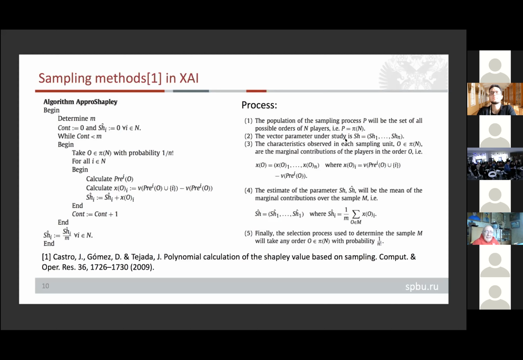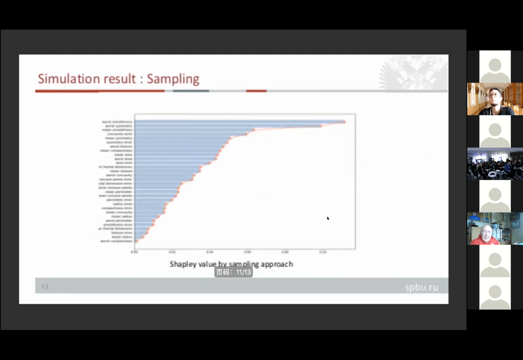According to the probability, we generate the permutation pi, and for the studied Shapley value we obtain the characteristic function by iteration. Then we sum over m samples, do a division, and obtain an estimation for the Shapley value.